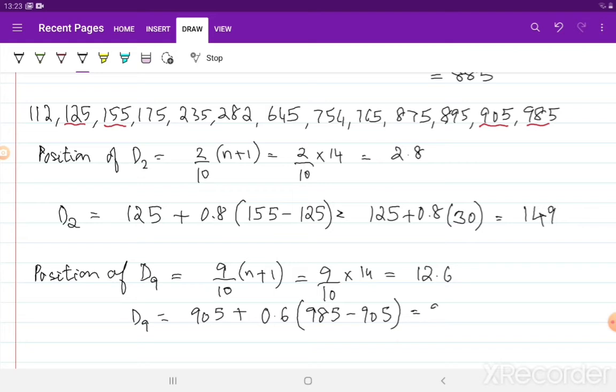So, that is 905 plus 0.6 times 80, which is equal to 953.